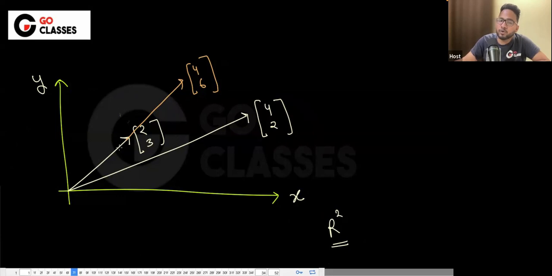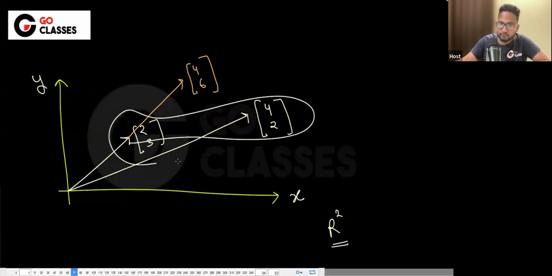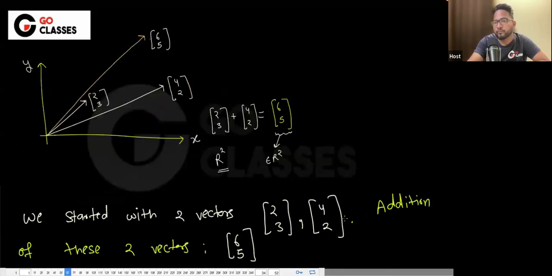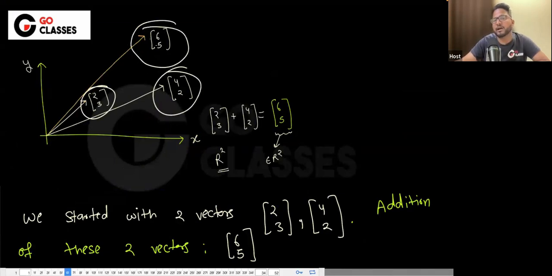Why? Because you take any two vectors here, maybe 2 3, or 4 2, or any two vectors here, and if you add those two vectors, then the resultant vector, whatever you're getting, is also in R2. Okay. So basically, we have taken these two vectors and we added them, and the resultant vector we are getting is also in R2.